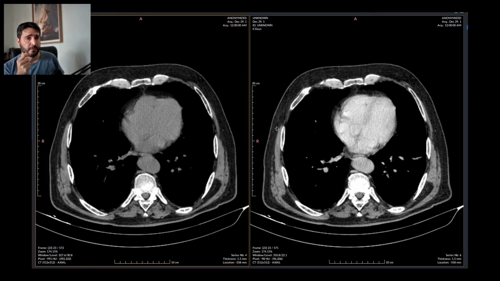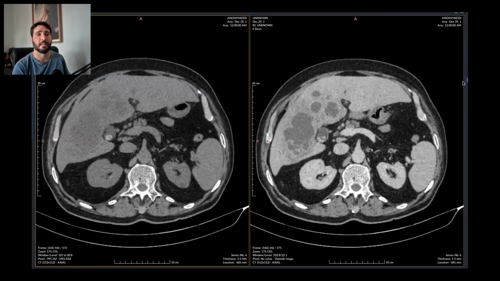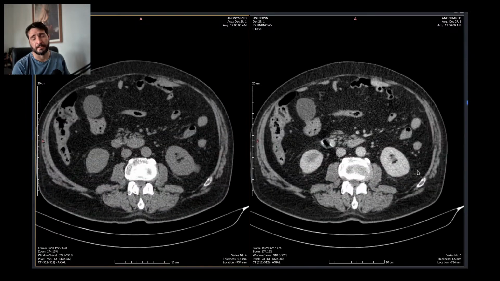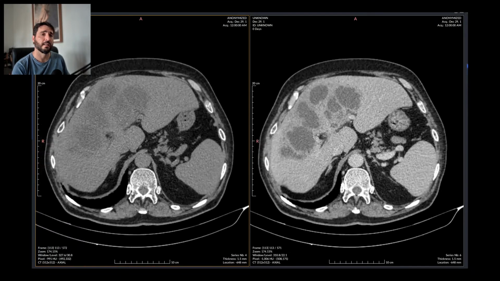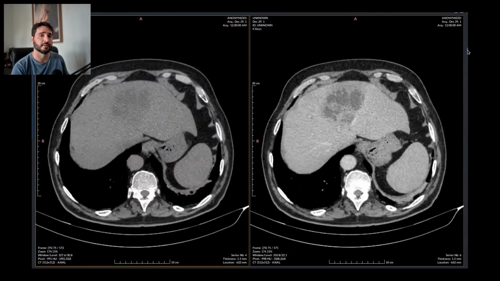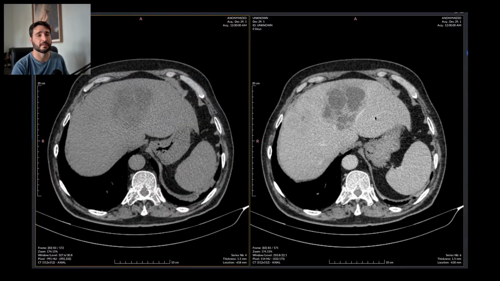So this is it: left, right, ventral or anterior, dorsal or posterior. This is the left kidney, and this is the right kidney. This is the spine, and to the right is the liver, and to the left is the spleen. This is the gastric fundus.